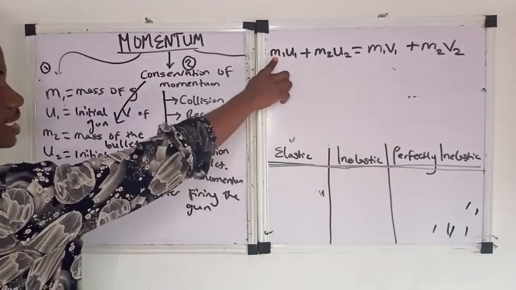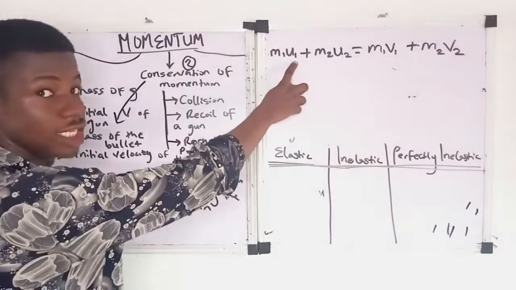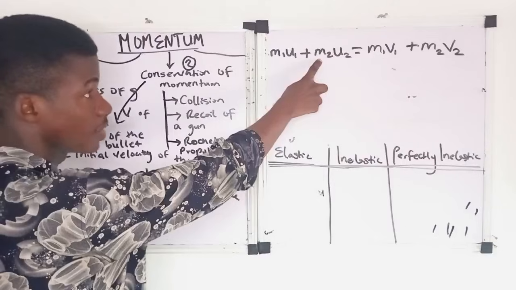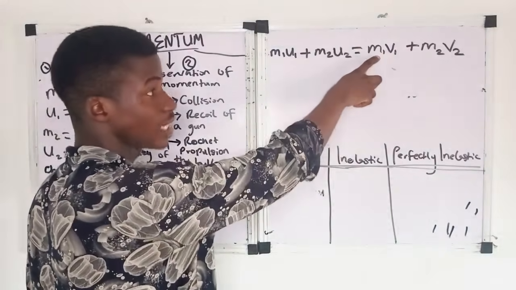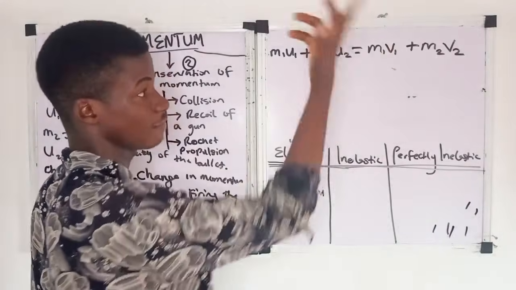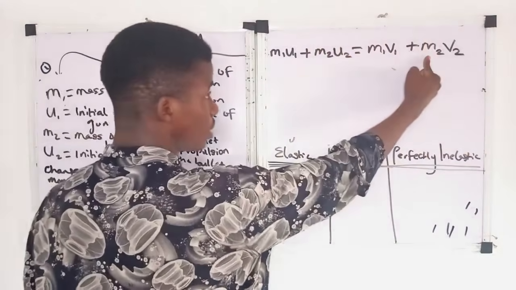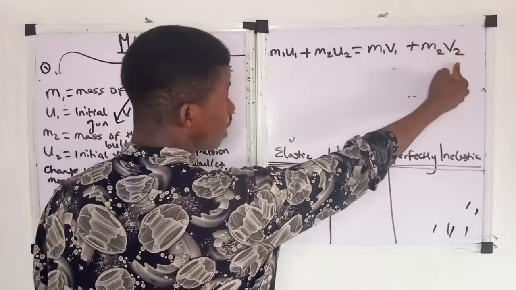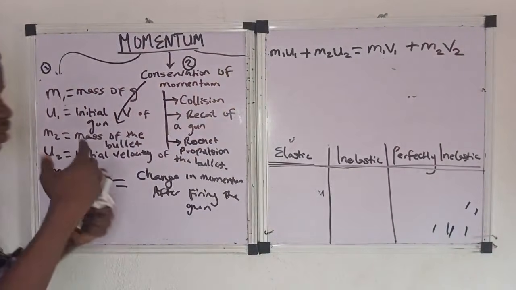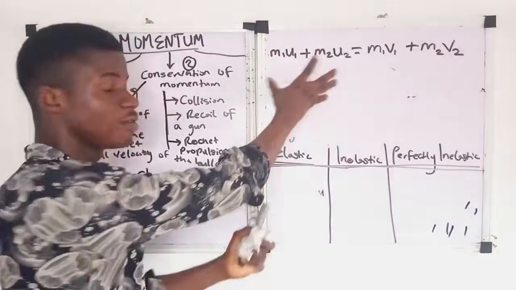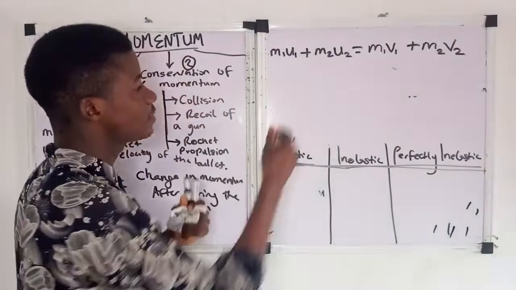Yes. Don't forget, this is the mass of the gun, initial velocity of the gun, mass of the bullet, initial velocity of the bullet. We all know that this is the mass of the gun, this will be the final velocity of the gun, mass of the bullet, final velocity of the bullet, right? Now, initially, before we fire a gun, let's say for example, this is a gun.